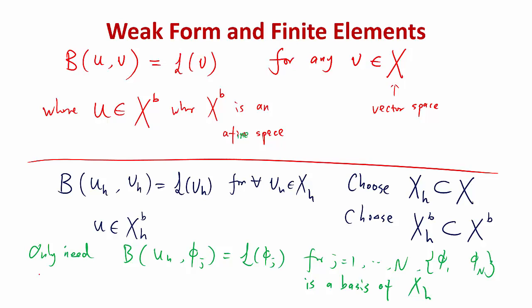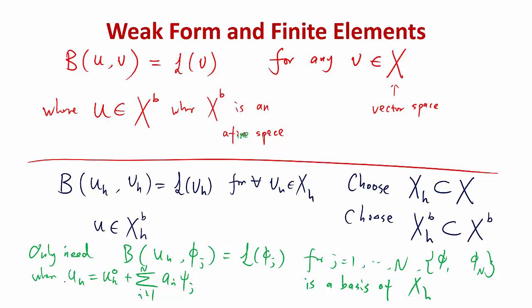So u_h is equal to, let's say, u_h0, which is a constant, plus a linear combination, i goes from 1 to n, a_i times, maybe I have a different set of bases psi_i.